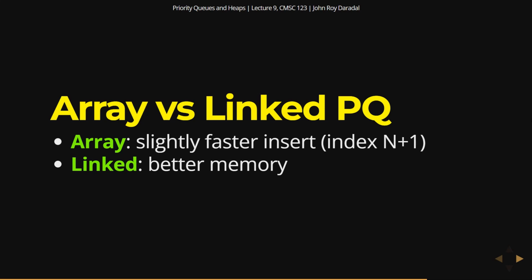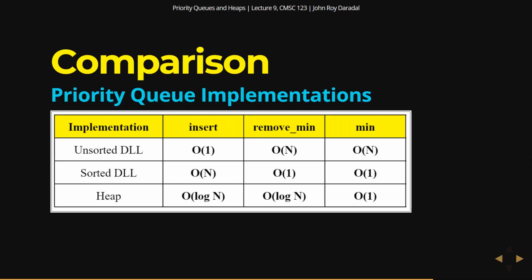However many entries you have is also the number of nodes in your linked structure. So that is the difference between the two underlying implementations for the heap priority queue. It's an implementation of an implementation. Okay, so let's move on.